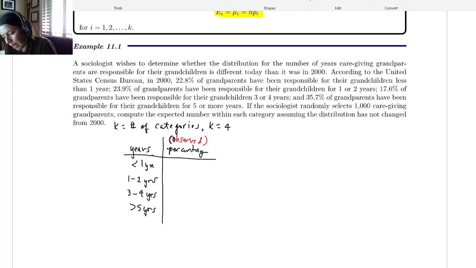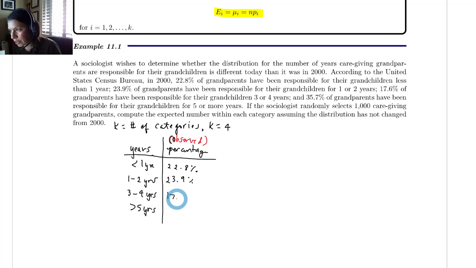It's observed that grandparents that have been caregiving for less than 1 year is 22.8%. 1 to 2 years was 23.9%. 3 to 4 years, 17.6%. And then more than 5 years is 35.7%. So these are what's observed from the 2000 census.